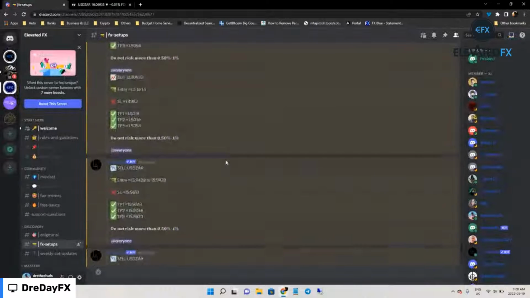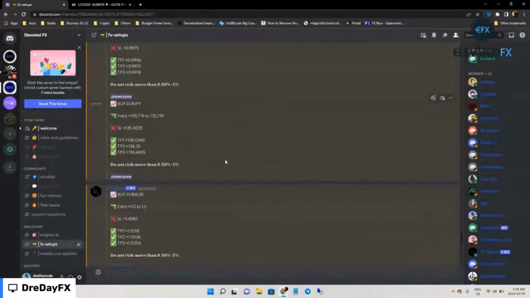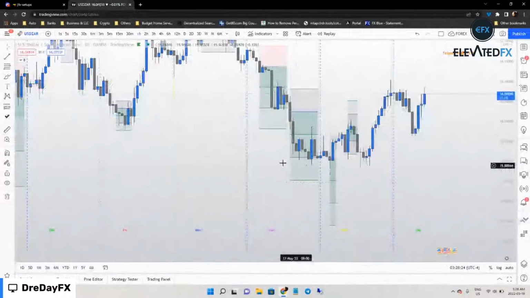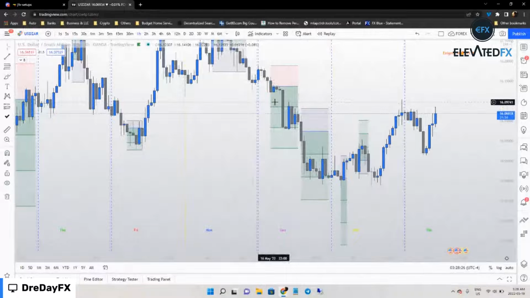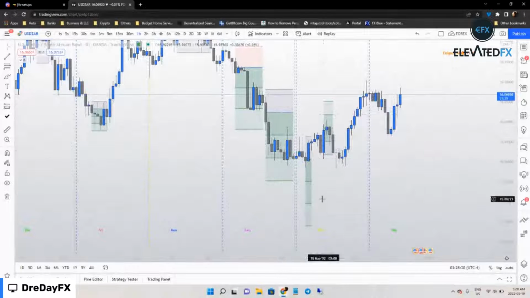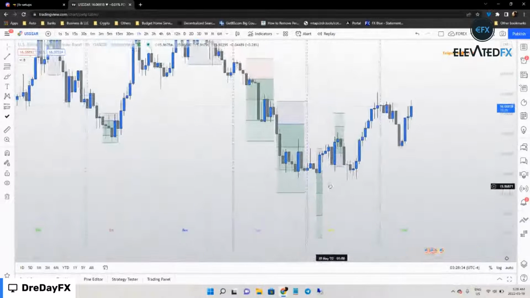And if we look at the 16th, yeah, exactly. On the 16th, you had another USDZAR. So that was this setup. Sold off, and stop loss here. Okay.